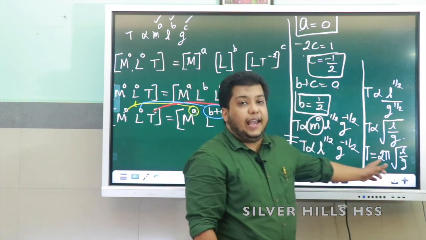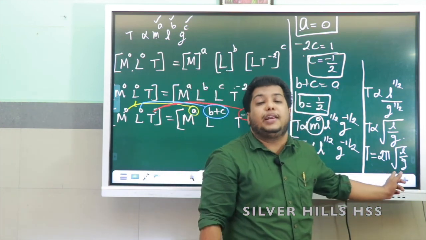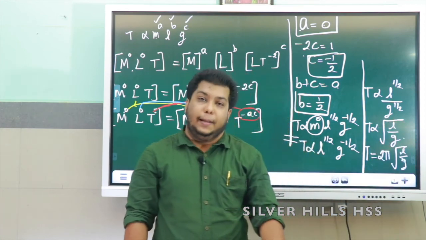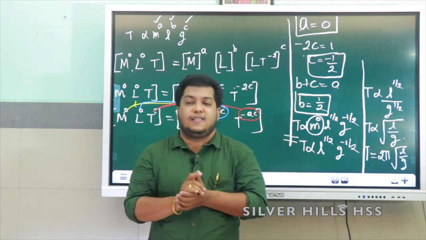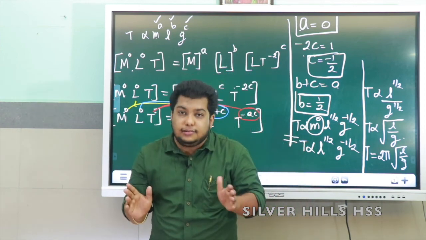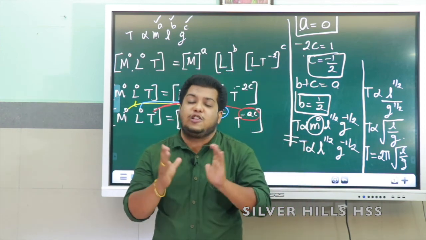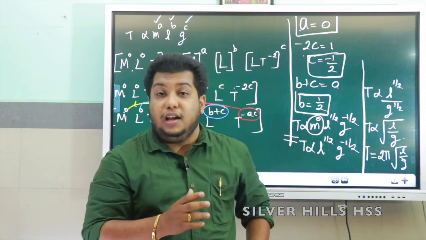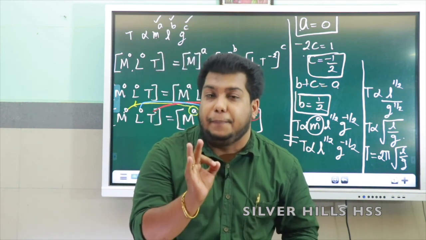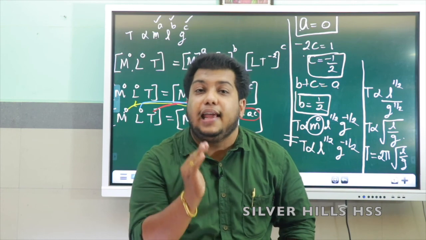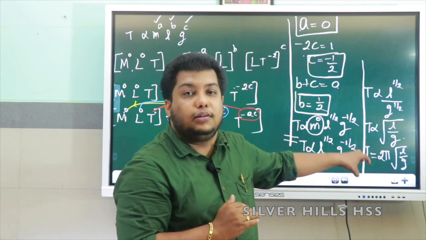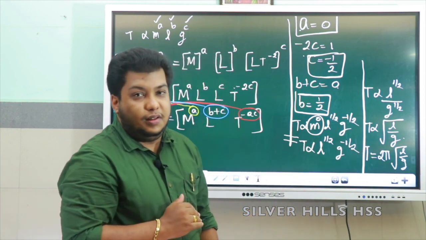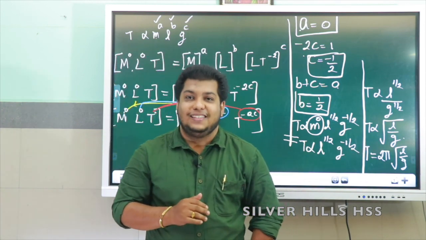This is the expression for the time period of a simple pendulum. So by using dimensional analysis, we can find the expression for the time period of a simple pendulum. What is the final equation? T is equal to 2 pi root L by g. So, thank you. See you in the next class.